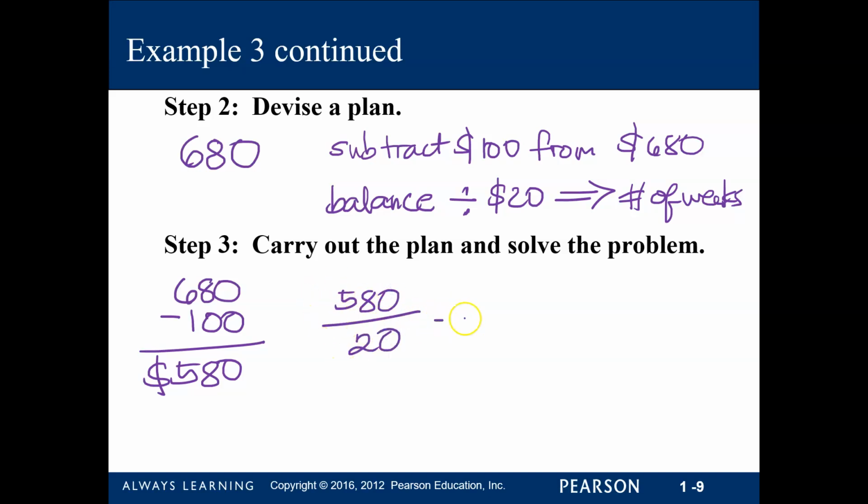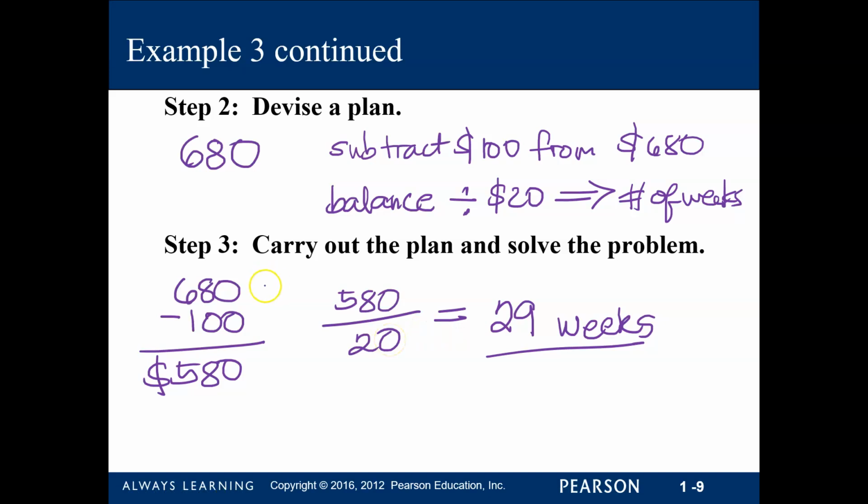That will give us how many weeks? If you use your calculator, 580 divided by 20 is equal to 29. So it means it will take 29 weeks to complete the payment. Okay, so that is the answer based on the plan that we have and after working it out.